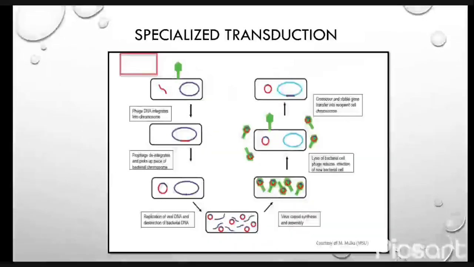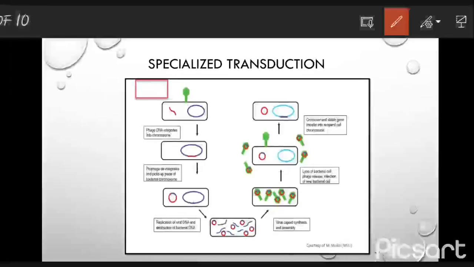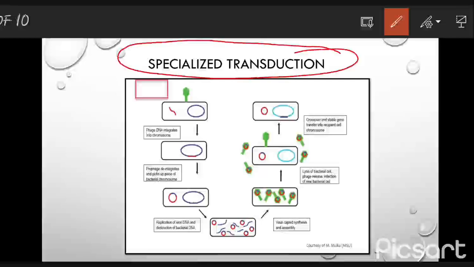Now coming to the second one, specialized transduction. We know specialized transduction is carried out by lysogenic bacteriophages, or you can say non-virulent bacteriophages. This process occurs occasionally. It does not happen every time; most of the time generalized transduction takes place. So in favorable conditions, lysogeny takes place by temperate bacteriophages.